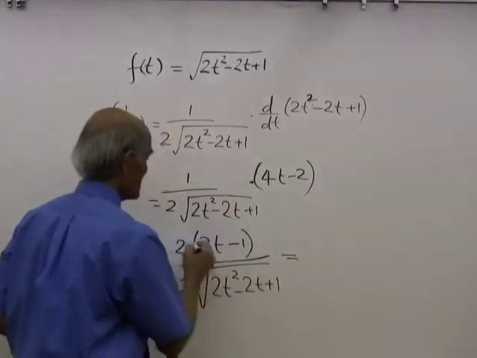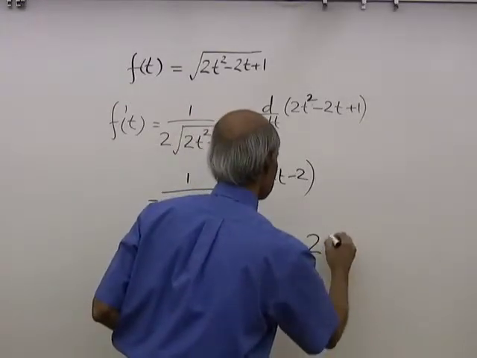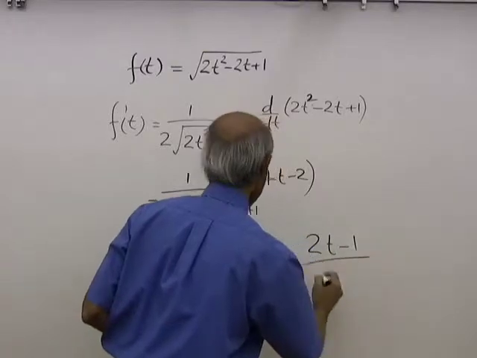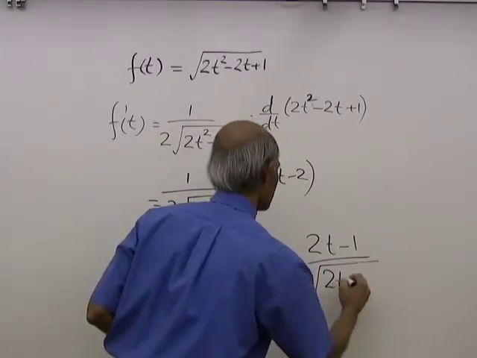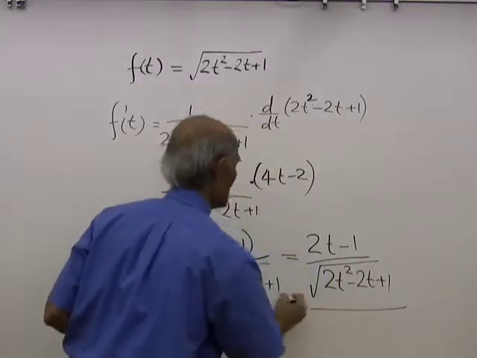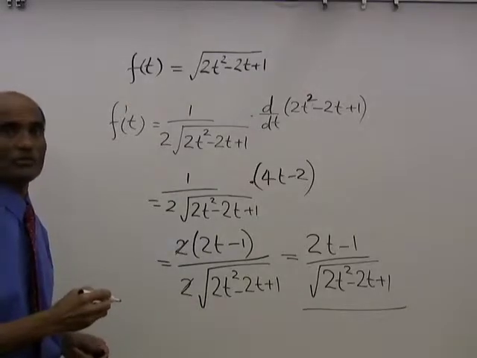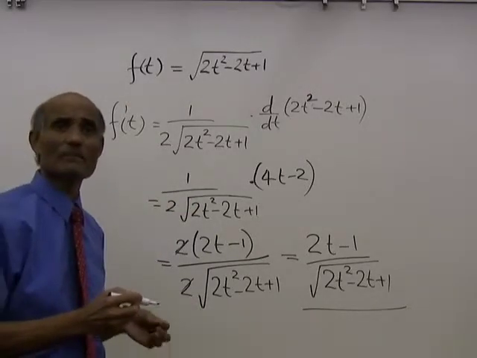And finally, we cancel those 2's, and that gives you 2t minus 1 over square root of 2t squared minus 2t plus 1. And that is our final result. I think this is now relatively simple, is that right?